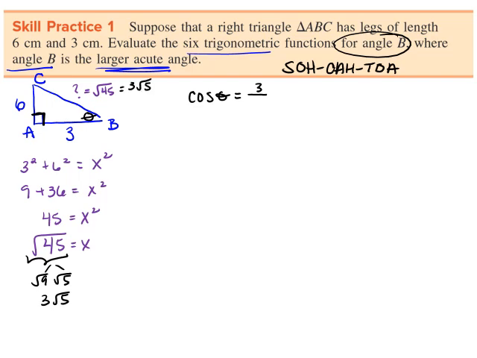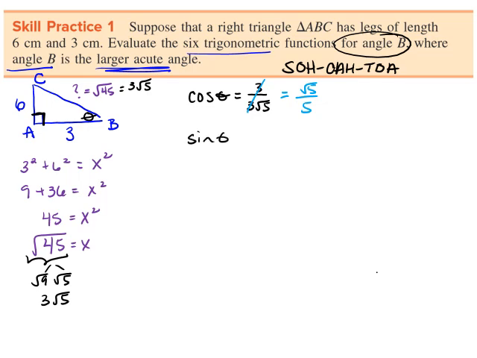Sorry to go backwards a little bit. Either way is fine. If you do write it as 3 root 5, then things cancel, so it's a little bit nicer. So this becomes, after rationalizing, the square root of 5 over 5.